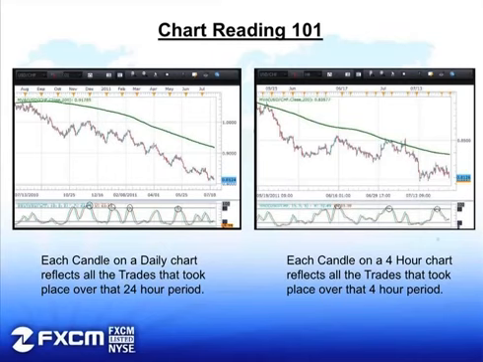The 4-hour chart, each 4-hour candle reflects every trade that took place in that pair in a 4-hour period. So 1/6 the amount of data is reflected in that 4-hour candle as you have in the daily candle. So this is why I'm getting to the lady's question over here about the reliability of the candles and why we would want to trade off, let's say, longer term charts.